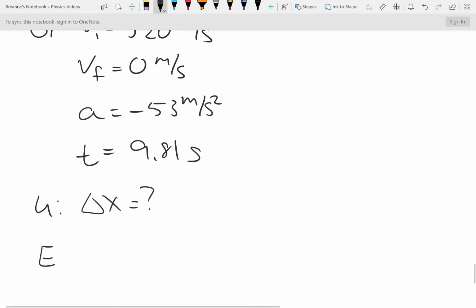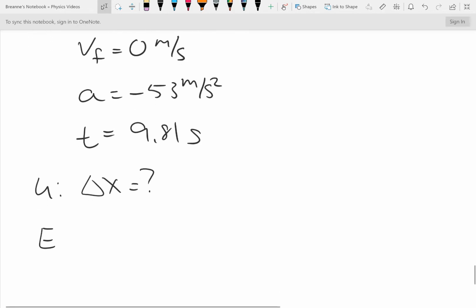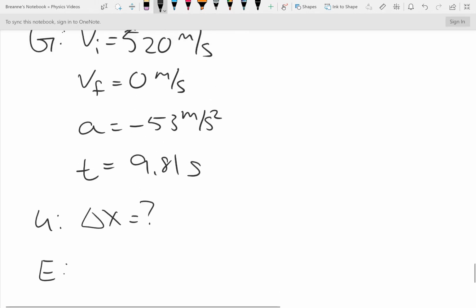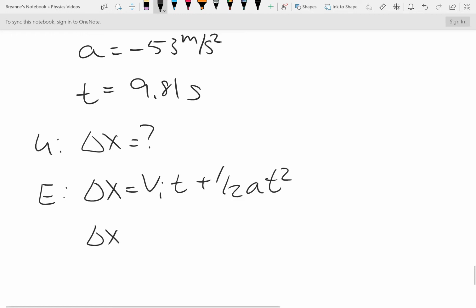Looking at our equations, we have everything. So we can use any equation except for the third. Why can't we use the third equation? Yep, you got it, because it does not have delta x. So let's use the first one. Delta x equals VIT plus 1/2 AT squared.